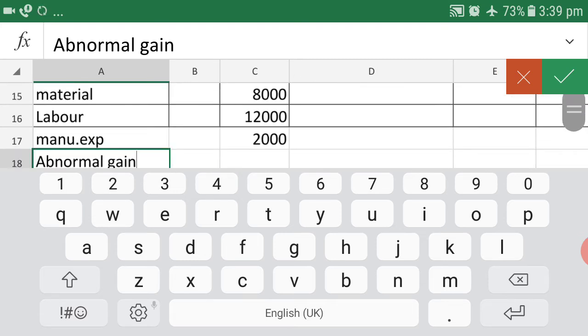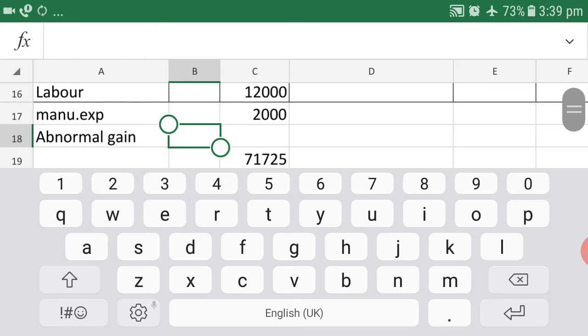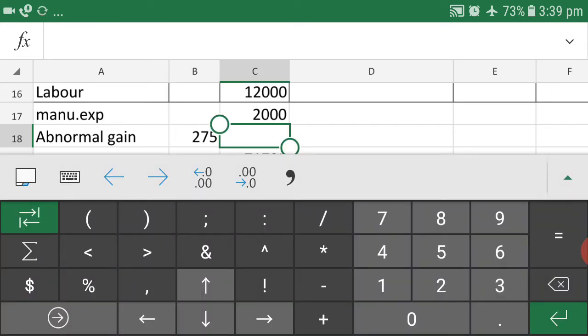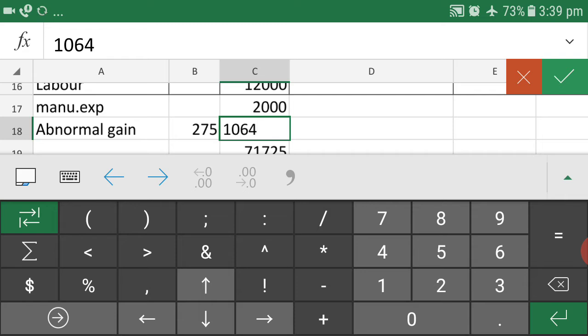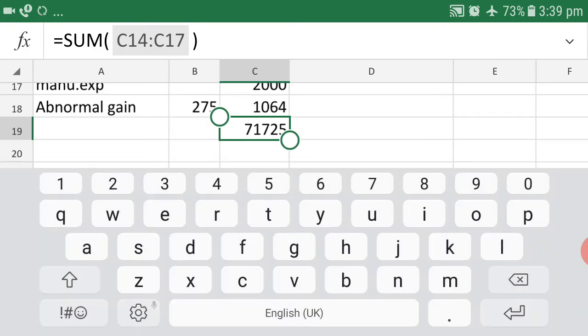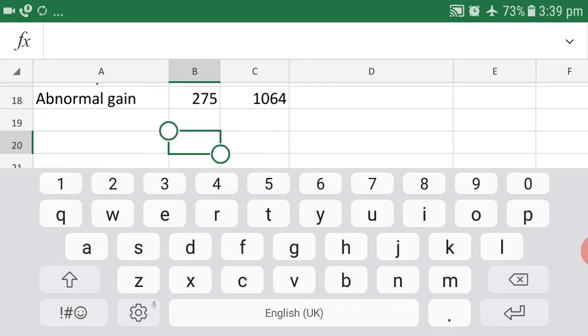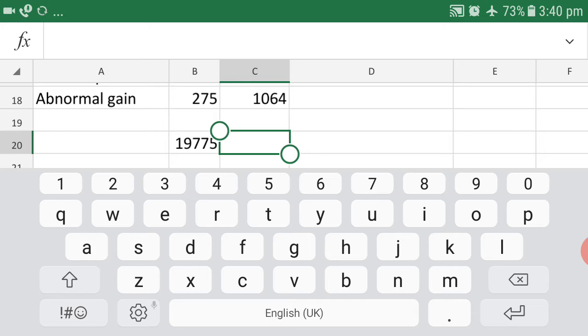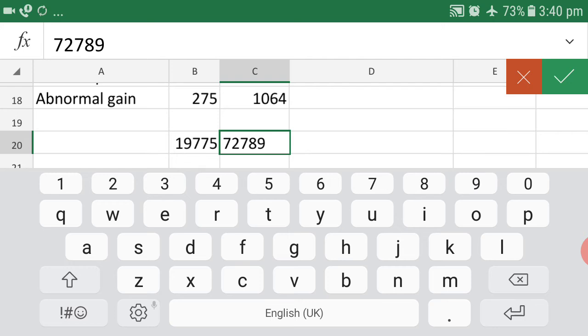There we write abnormal gain, quantity 275 as calculated already, and value 1,064. Then we get the totals: total quantity 19,775 and total value 72,789, or else we can use a function here.